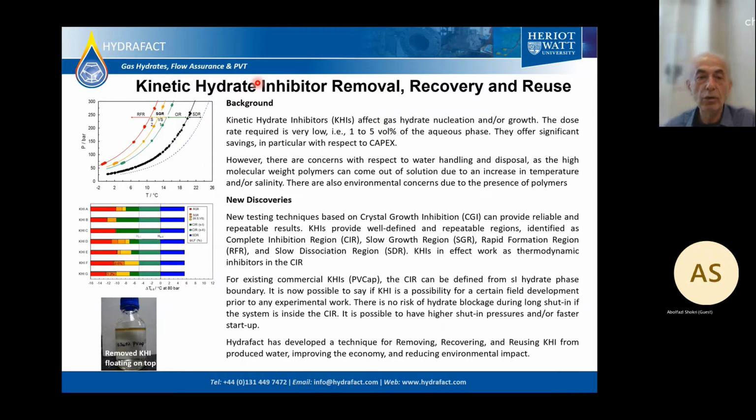Now we have done a lot of studies on kinetic hydrate inhibitor, and we noticed that they have various regions. So if this is the hydrate phase boundary, we notice that for some inhibitors, like PVCap, we have a complete inhibition region. And then a slow growth, very slow, and then slow. And this is fast formation of hydrate.